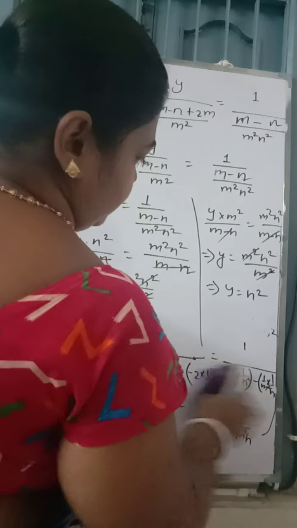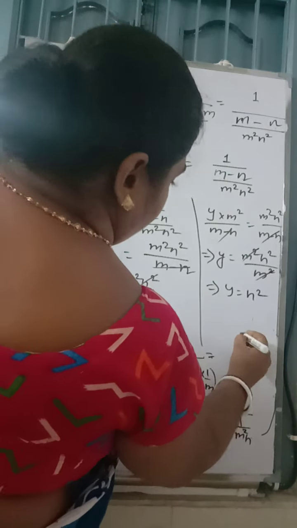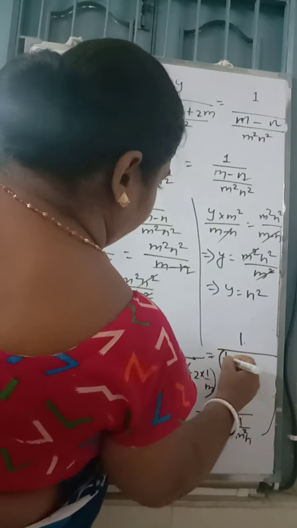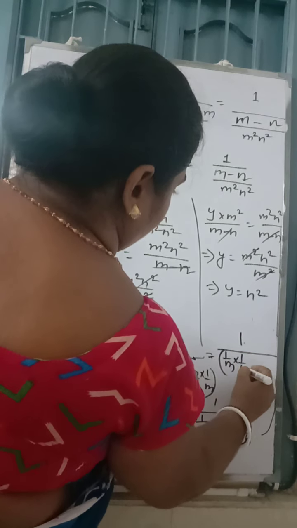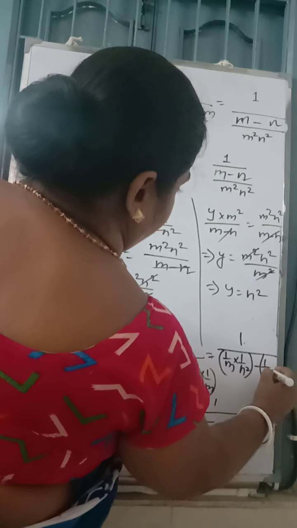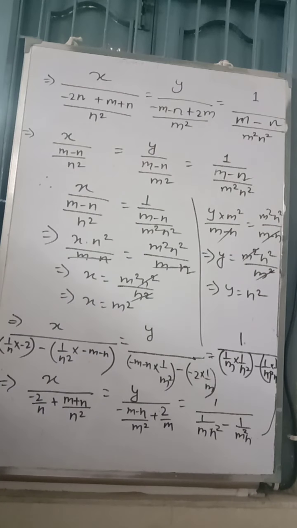Again I am writing, it would be 1 by m into 1 by n square minus 1 by n square into 1 by n. You multiply a1 b2 and a2 b1.